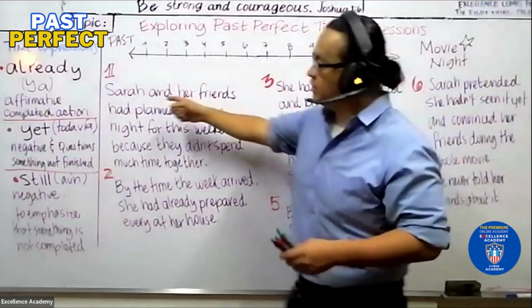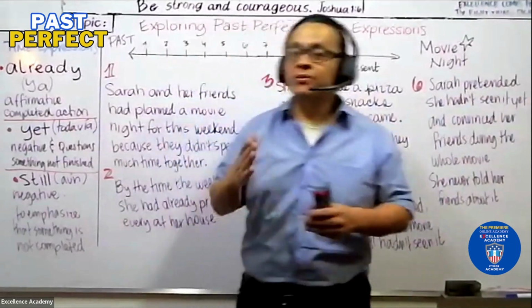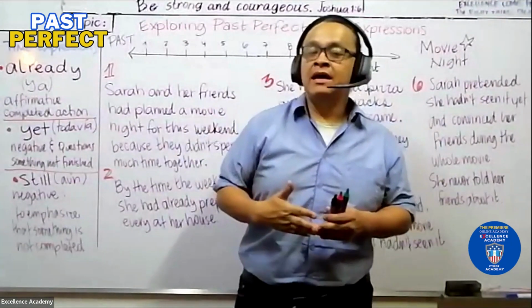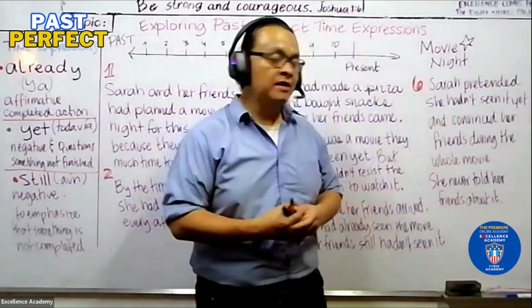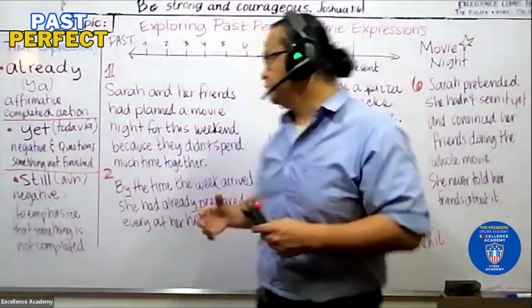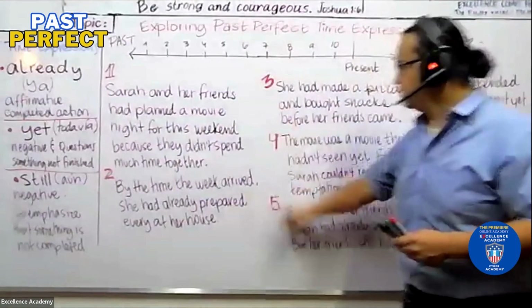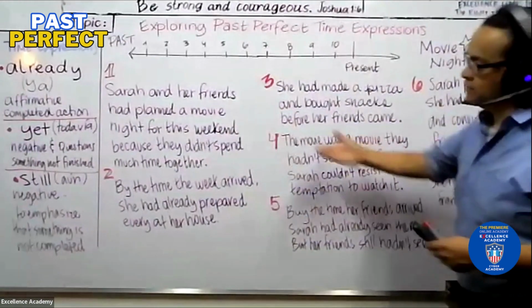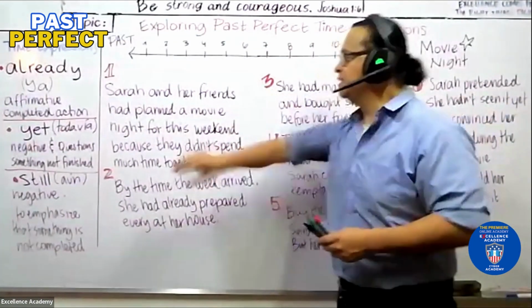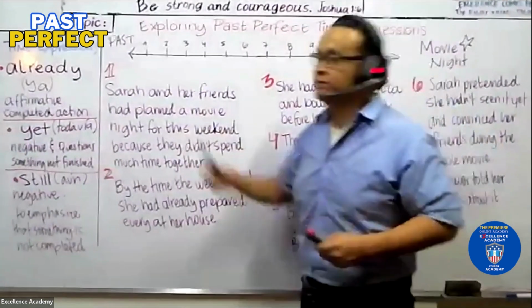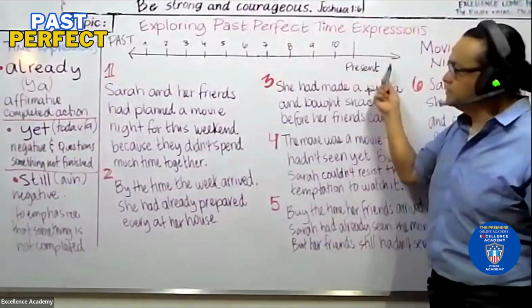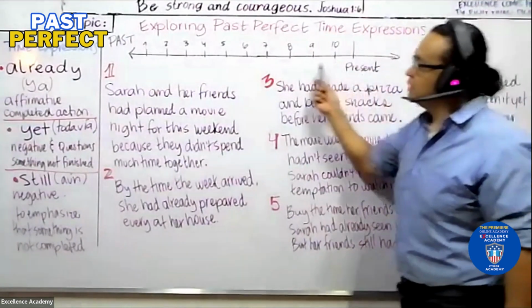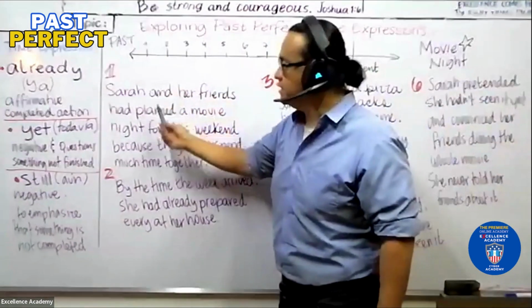We're going to talk about a girl called Sarah who had planned a movie night together with friends, and we'll use that as the context for our conversation. We are going to have 6 paragraphs on the board that will describe the sequence of events in the past tense. We're also going to use this timeline at the very top of the board to order the events in sequence as they occur.